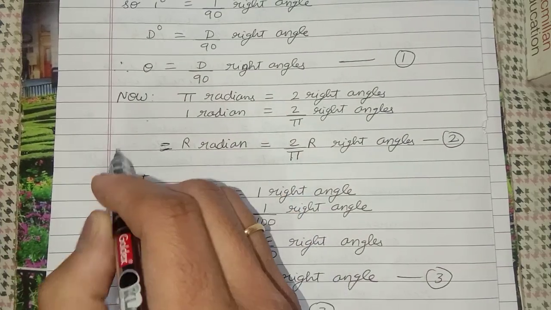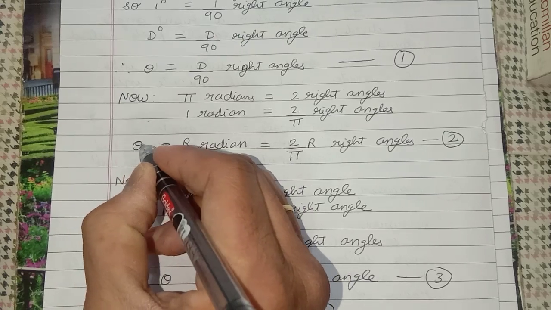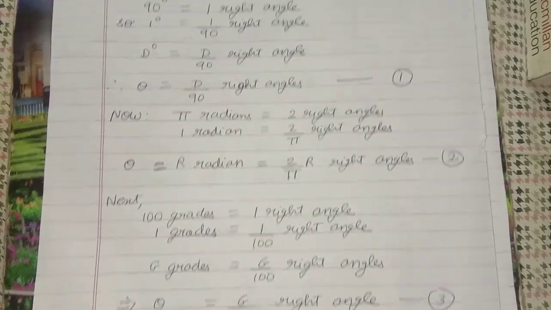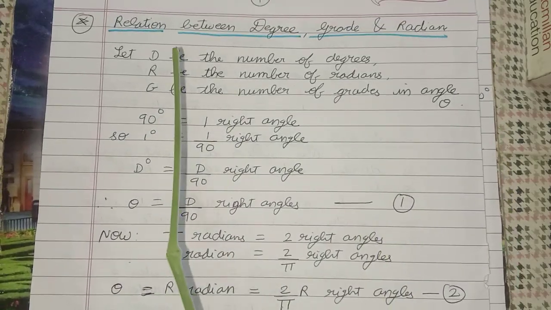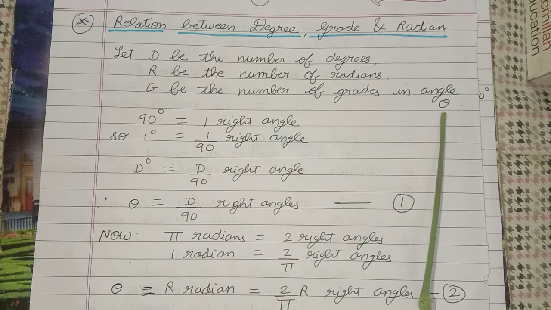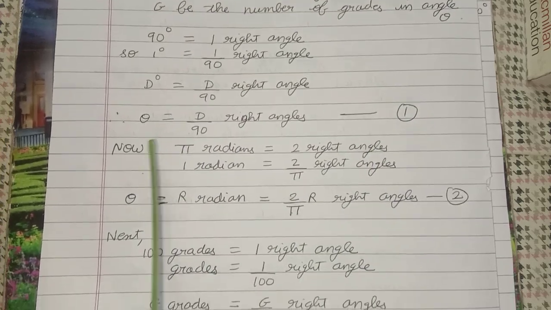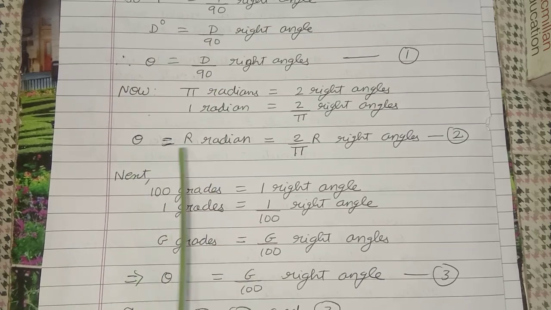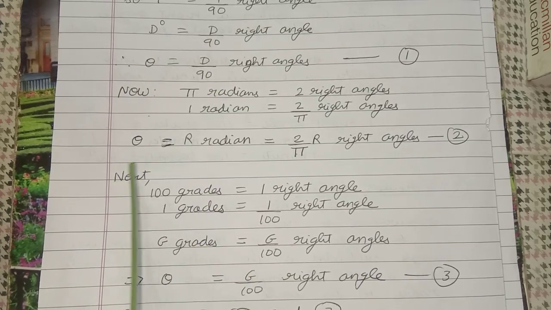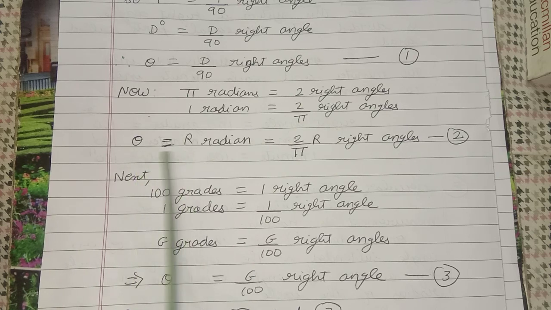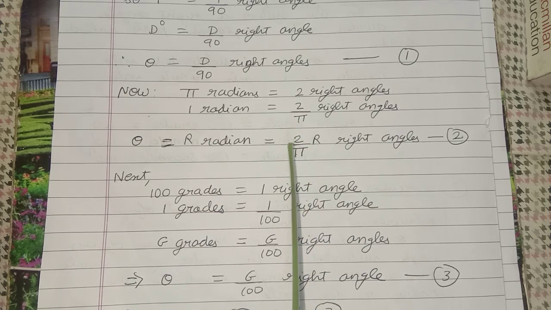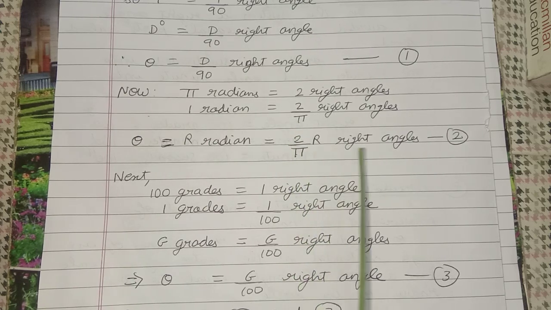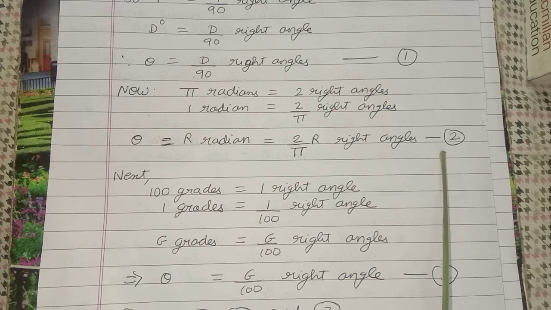Because R stands for theta, I'll write theta here. Why so? Because in the beginning I said all these 3 are measures of angle theta. So I got the first relation, theta is D by 90. Second, R radian, and R is nothing but the measure of angle theta. Therefore angle theta is equal to 2R upon pi right angles, equation 2.